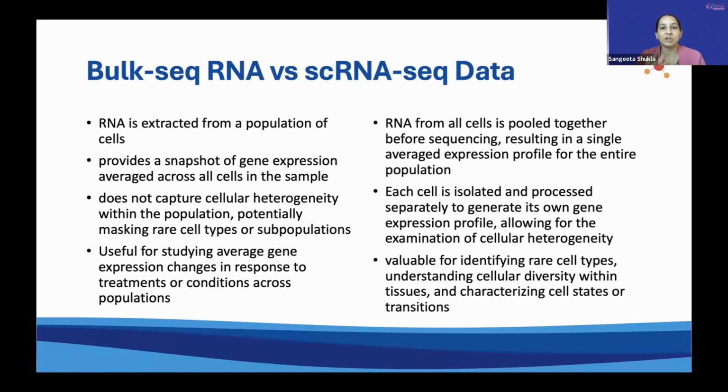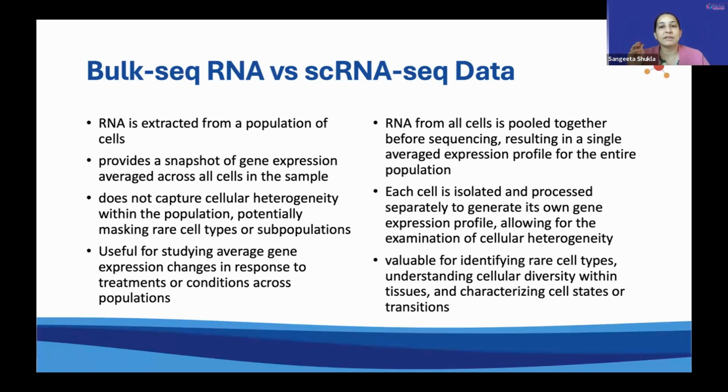So for example, you have a tissue, and from that tissue you've extracted cells, and from those cells you extract the RNA and quantify it. That gives you average gene expression across all cells in the sample.